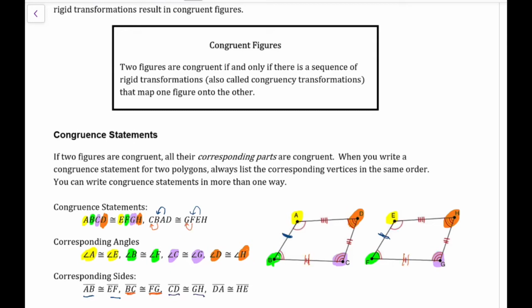The next one is CD and GH. There are 3 lines on that side. And notice C and D are the first and last letters, and G and H are the first and last letters. Just make sure that they line up when you label these. The last one is DA and HE. Those both have 4 lines.